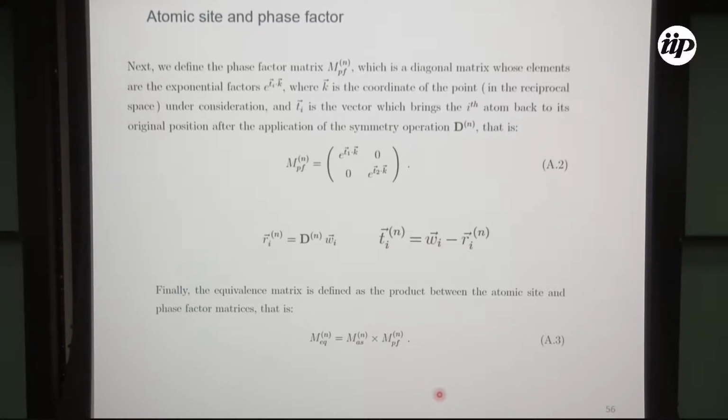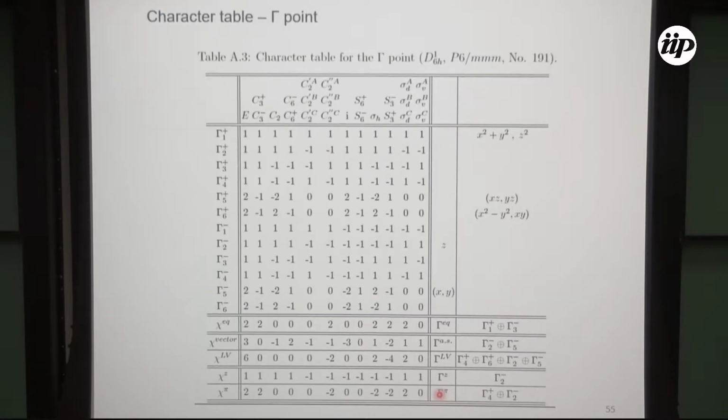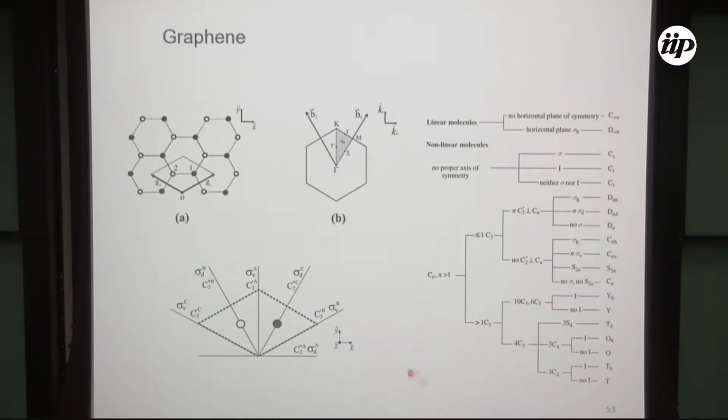The atomic site matrix is very simple. You have a matrix whose basis is the atomic sites. So we have two atomic sites in the unit cell of graphene, right? We have this one here, and we have this one here.